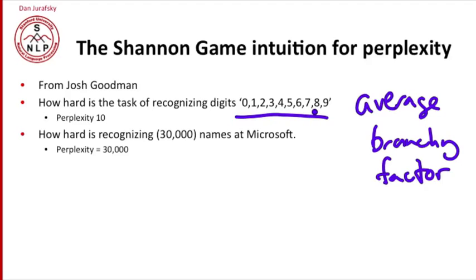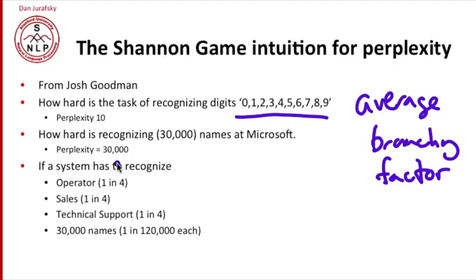If I'm building a speech recognizer for a switchboard phone service, and I have to recognize 30,000 names, then the perplexity of the names is 30,000 if they're all equally likely. But suppose an automatic phone operator has to recognize the word operator, and that occurs a quarter of the time.